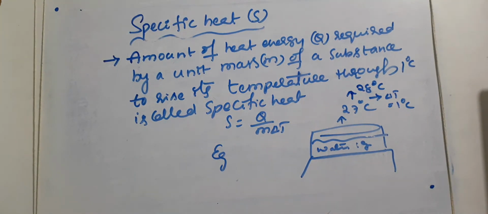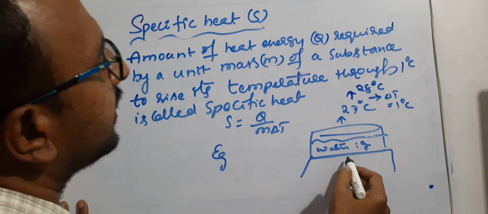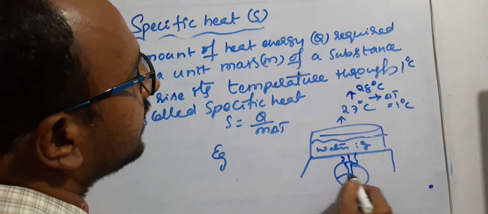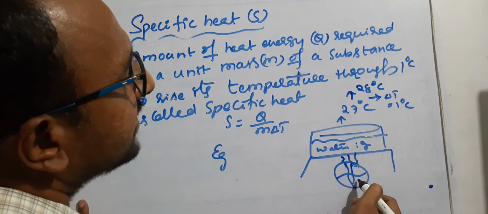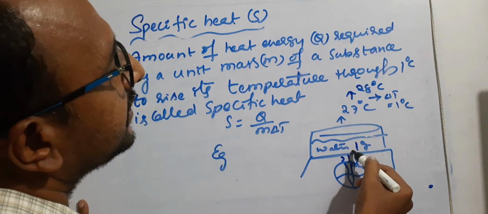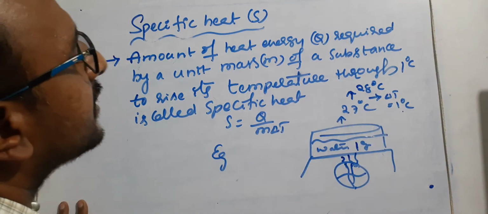To raise its temperature by 1 degree Celsius, it requires heat energy, so we supply heat energy. After absorbing a certain amount of heat energy, its temperature rises by 1 degree Celsius. This is its specific heat.